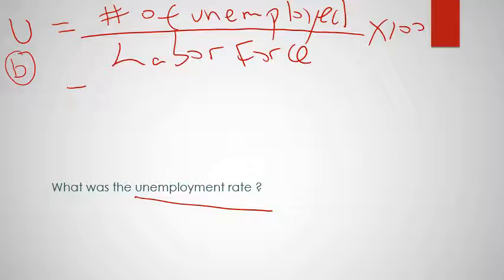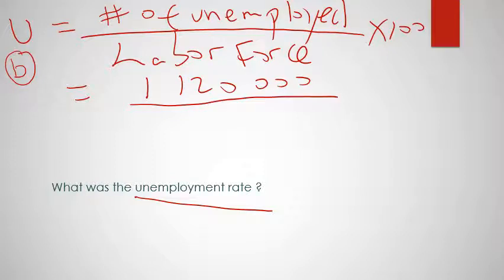So what is the number of unemployed people? It's given to us as 1,120,000 people divided by the labor force, and we already calculated the labor force.